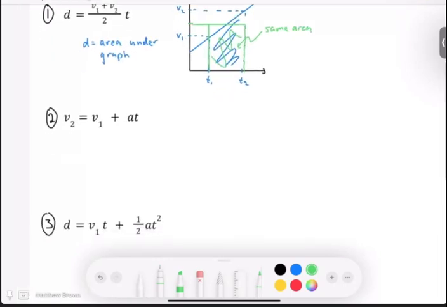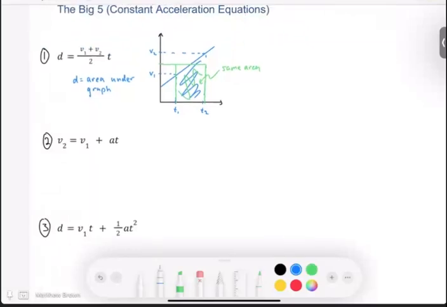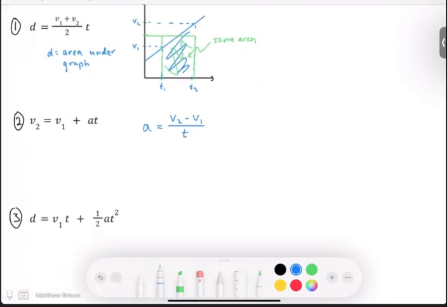Our second equation here, v2 equals v1 plus at. This is just the definition of acceleration, right? If you start with the idea that acceleration equals delta v, which is v2 minus v1, over t, multiply both sides by t, that gives you at.